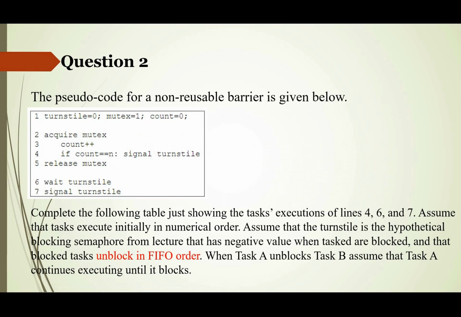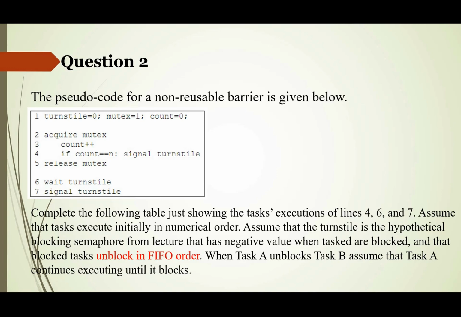Let's go for the next question. The pseudocode of a non-reusable barrier is given below. We have a turnstile initialized to 0, a mutex, a count, and 7 lines of code. Complete the following table, just showing the tasks' execution of lines 4, 6, 7.